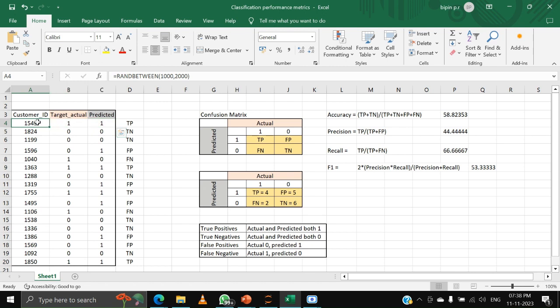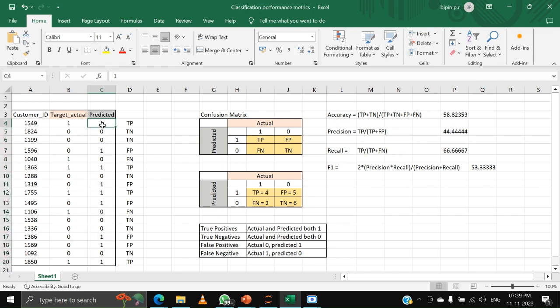That means the customer having customer ID 1549, the actual output is he belongs to class 1, the predicted output is class 1 itself. Similarly, this is class 0 and the output is 0, but for this one actually it should be 0 but predicted as 1. So like this, I have listed some actual outputs and the corresponding outputs by the logistic regression or any type of classification algorithm.